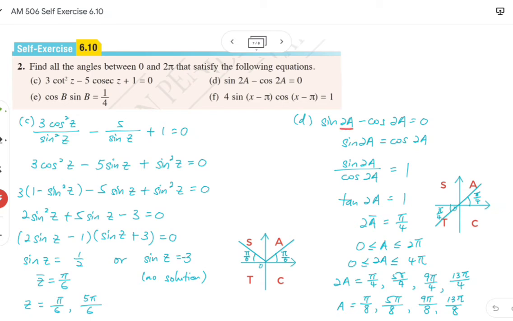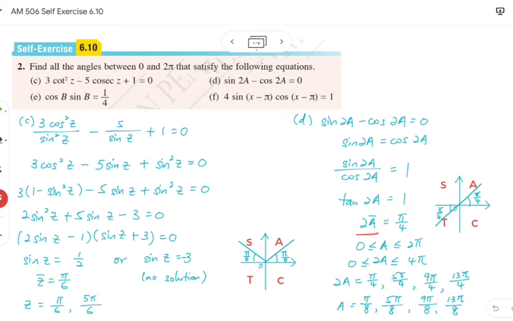Because of the same angle, we move the cosine 2a to the right, and we divide by cosine 2a on both sides. So sine 2a divided by cosine 2a, and cosine 2a divided by cosine 2a will get 1. So sine 2a over cosine 2a, we get tangent 2a equals 1.